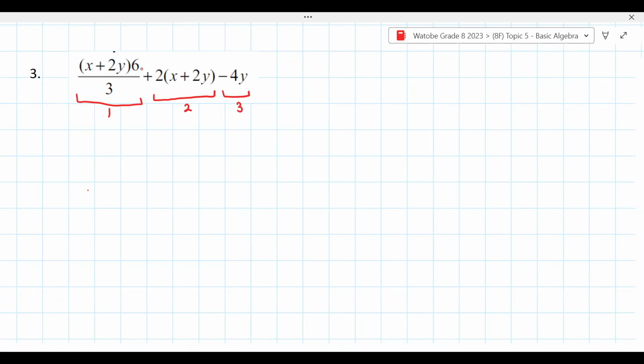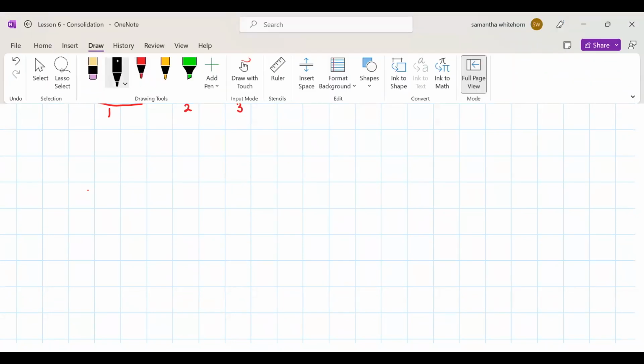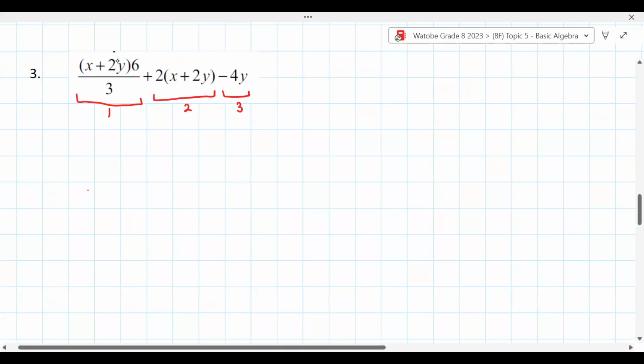So what we want to do is we want to simplify each of these terms. So if we have a look at our first term, we can see that in the fraction, the first thing I actually need to do is distribute, or multiply the 6 into the bracket. Now there's 2 ways to do this, but we're going to start with our distribution just so that it's out of the way.